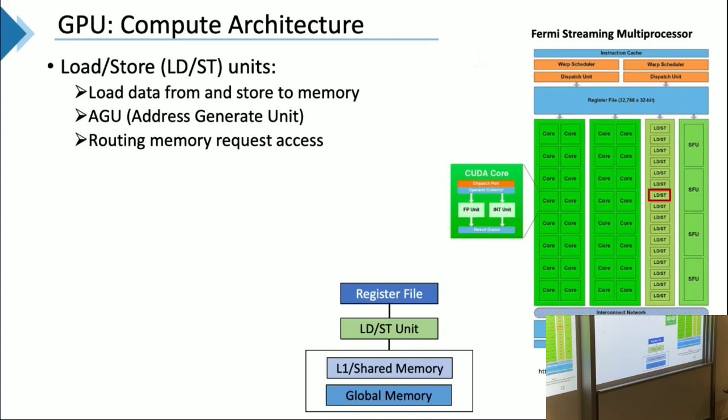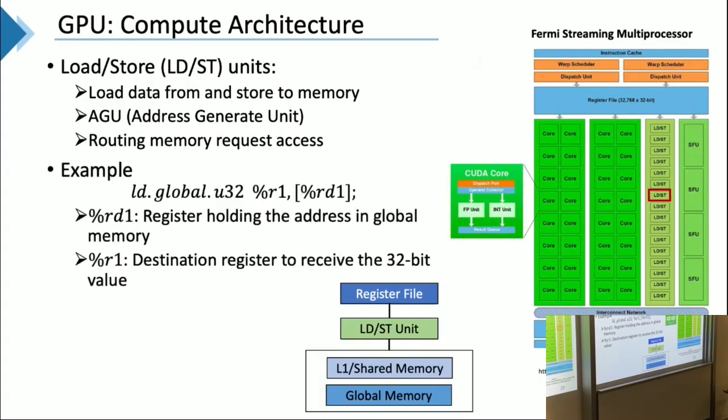So you can assume each core has different registers attached, and this load store unit helps to load the data from either shared memory or global memory, from all these lower level memory hierarchies, to this register file, and this register file will feed the data to the compute core. So this is the load store unit.